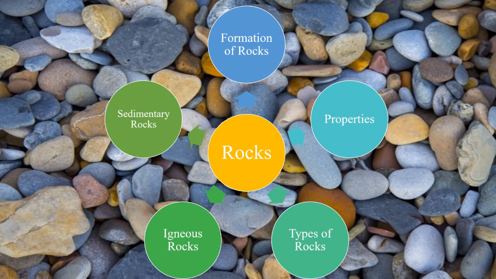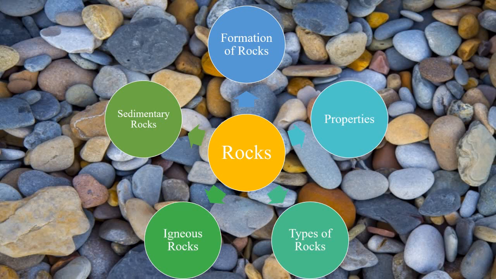There are different types of igneous rocks, that is granite, basalt, diorite, and pumice. We saw where these igneous rocks are formed and where we find them in our own state of Maharashtra.